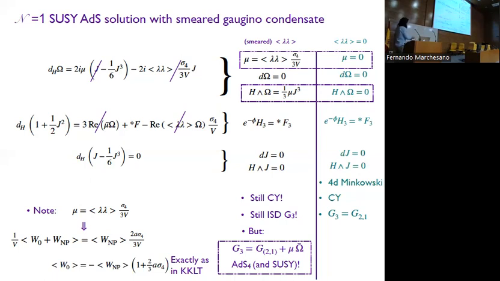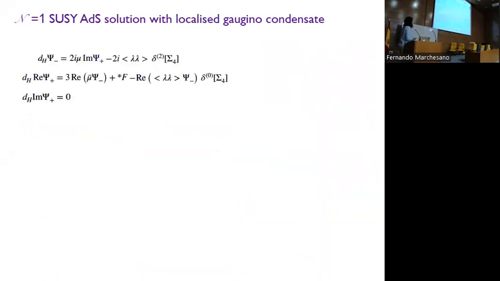So we get exactly the relation of KKLT, exactly the coefficient, which makes sense because we're smearing the Gaugino, so in a sense we're looking at just the zero modes of this. So either KKLT is completely wrong, or the effective theory is completely wrong, or we are completely wrong. But if not, we get exactly KKLT.